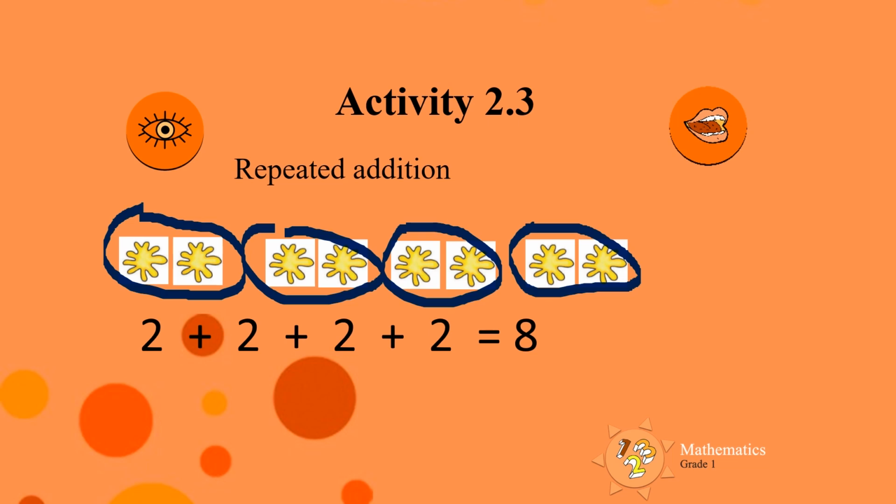So if your teacher says this is the sum, 2 plus 2 plus 2 plus 2, then you know you must put them into little groups of 2. So there's 2 in that group, and 2 in this group, and 2 in that group, and 2 in that group. And then you can say 2 plus 2 plus 2 plus 2 is equal to 8.